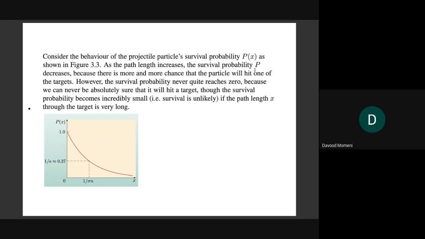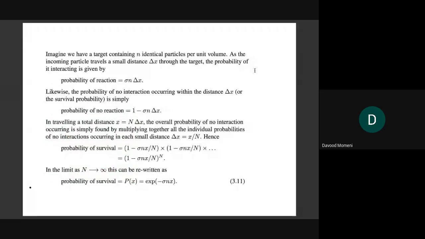So the survival probability becomes incredibly small. I mean, we can never be sure that a particle can reach the target, even if it survived the collisions with the other particles. So this is the diagram for the exponential of minus sigma n x, the function which I showed you in the last paper.